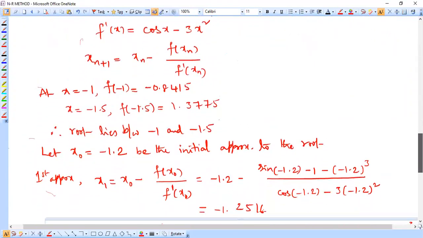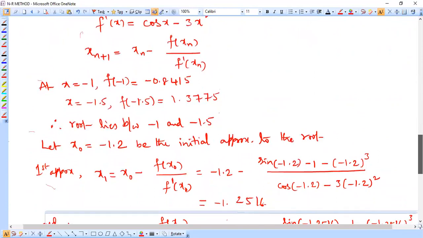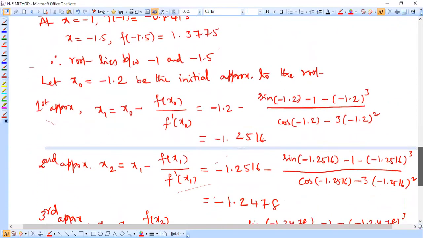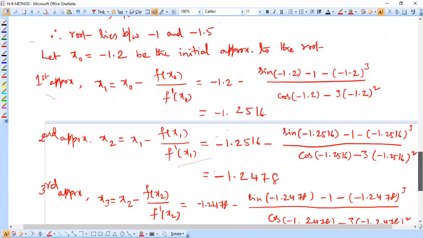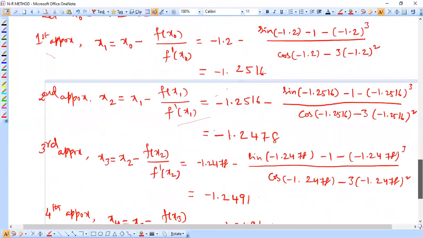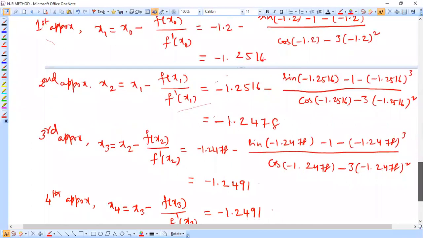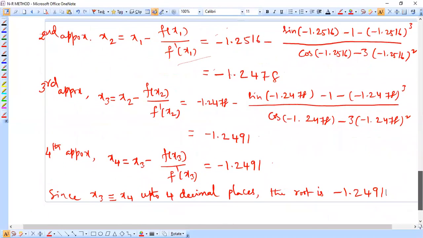Now I have chosen my initial approximation x naught as minus 1.2, and I have obtained a sequence of approximations x1, x2, x3, and also x4, and I observed that the root is correct up to 4 decimal places. So therefore the actual root of the equation is minus 1.2491. You may start with minus 1.25, maybe one approximation may reduce. You may start with minus 1.1, minus 1.3, something like that, and that gives our answer.